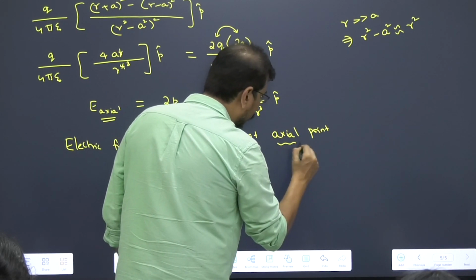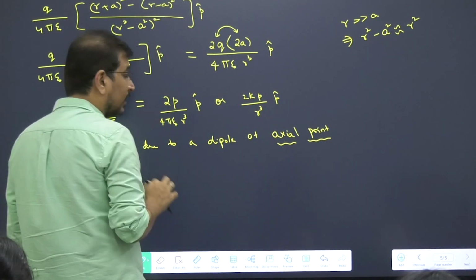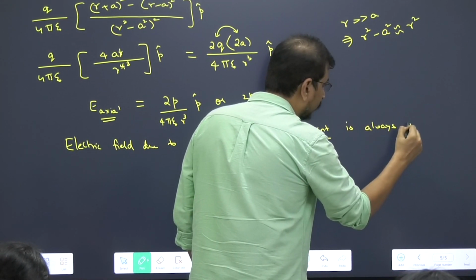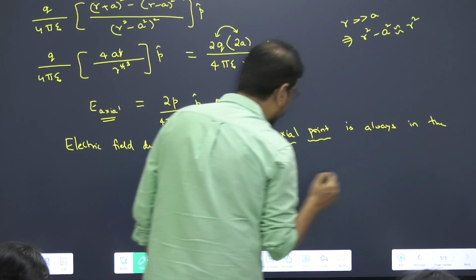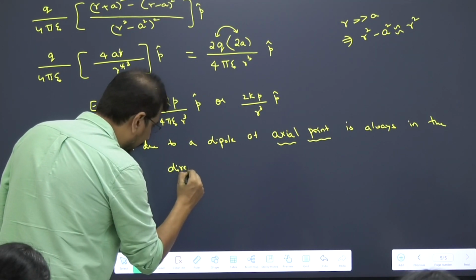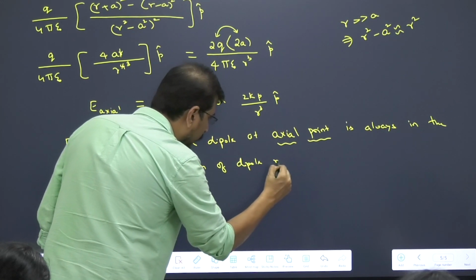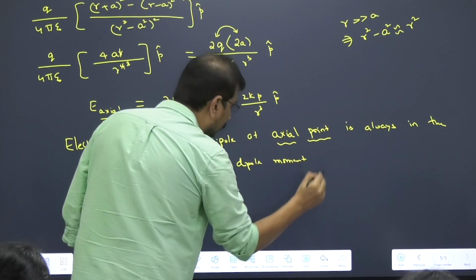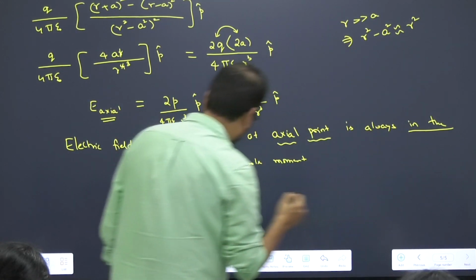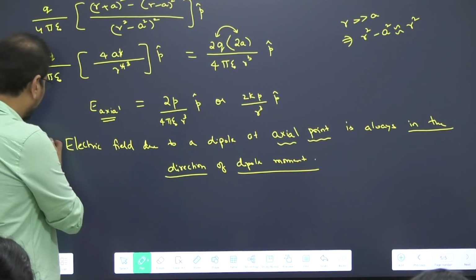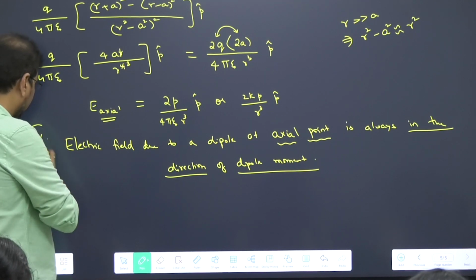This is the word we need to make a note of. At an axial point it is always in the direction of dipole moment. Right? This is a very, very, very important point to be noted.